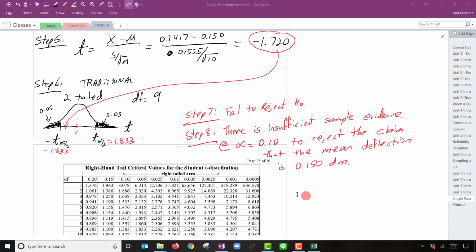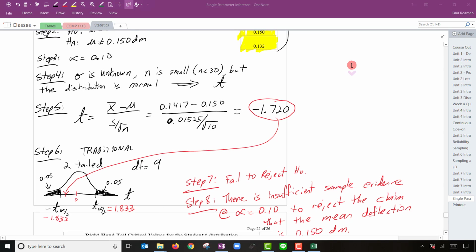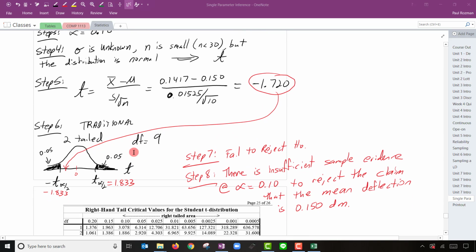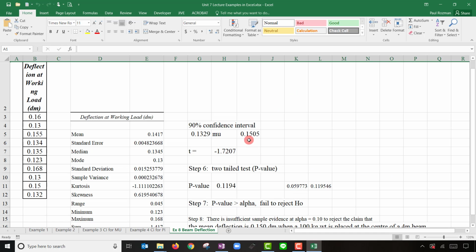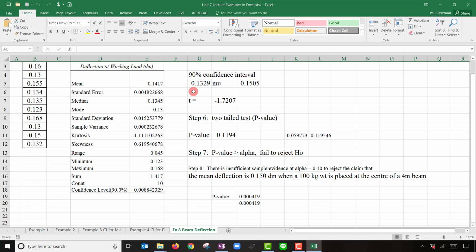I thought maybe we could take a quick look at the p-value using Excel, as the p-value is rather difficult to get off the t-table. So here's the same example. I pasted the values into Excel, and then I ran the descriptive statistics add-in. You can see that it gives you the confidence interval. Remember, I set it to do 90%. I think the default is 95%, but you can change it.